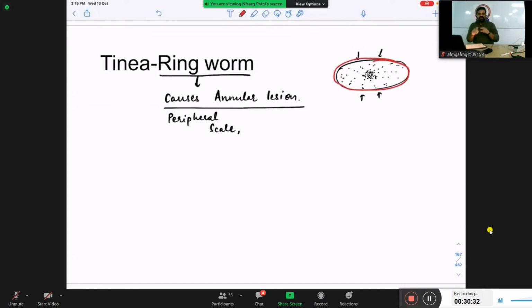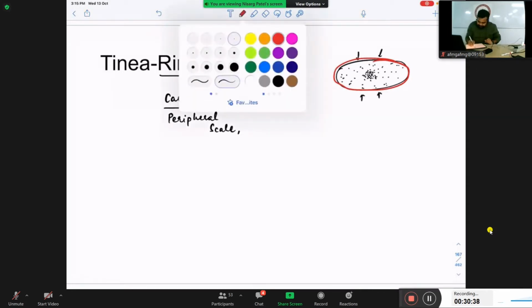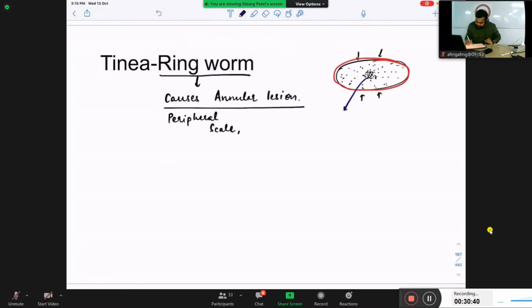This skin will get damaged because I have a round itching, and in the central area you will see this word, central clearing and the annular scale, because you are not itching in the center.